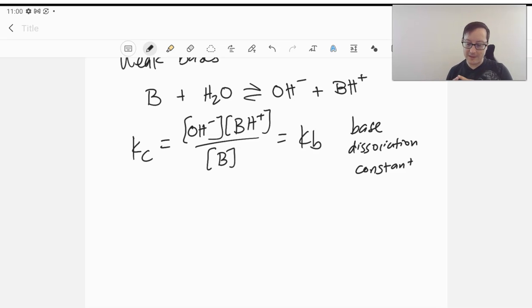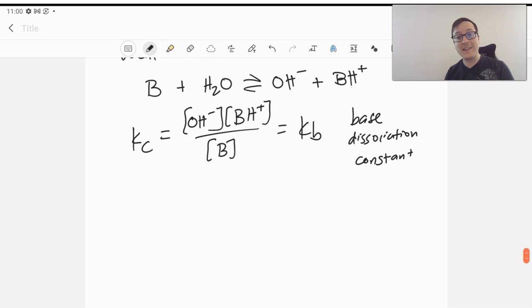It's important to know that the Kb expression is always for the conjugate acid of B, so BH+, as well as your original base. And this time again we have that hydroxide term. So if you want to take a look at this in terms of an actual equation, why don't we use ammonia?